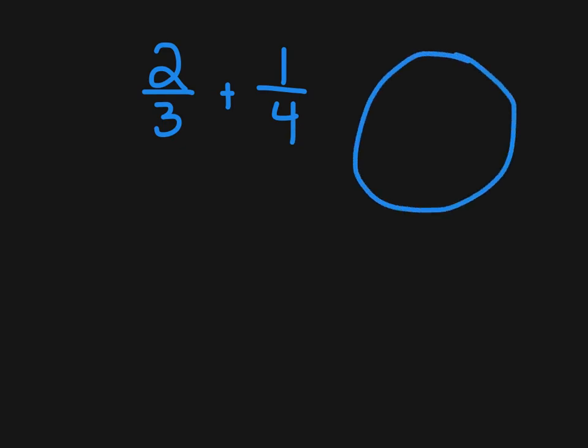So for example, if I was doing 2/3 plus 1/4, I could have my fraction circle. I'd have my 1/4, and then I would have my 2/3 as well.